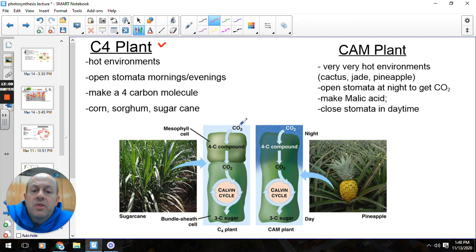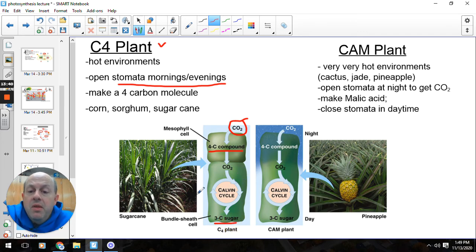And so what they'll do is they'll open their stomata in the mornings and evenings when it's cooler, bring in the CO2, but instead of going straight to the Calvin cycle, they kind of store that as a 4-carbon compound. Then, when they're ready to do the Calvin cycle in the daytime, they can use that 4-carbon molecule and change that into the stuff that they need, the carbon source that they need for the Calvin cycle to make their G3P.